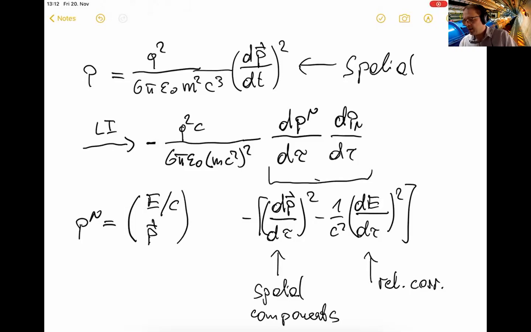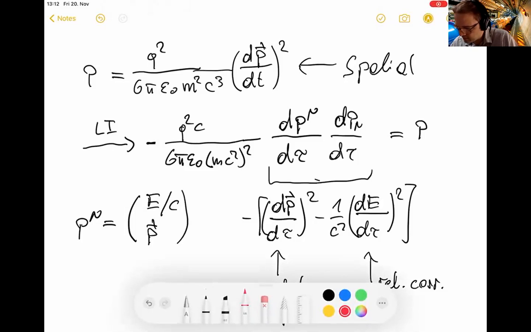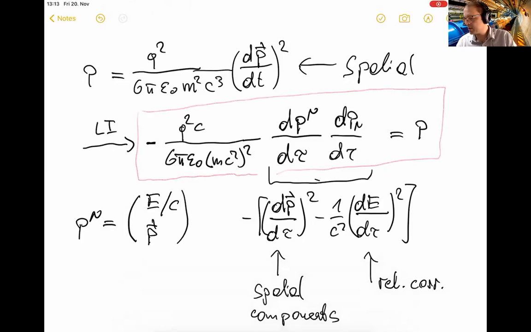If you look at this formula, this is now the power, this is the relativistic form of Larmor's equation, as it is in the slides. If you insert this momentum, you can check that in the non-relativistic limit, the power is recovered as we've calculated it. And because you know that the power does not transform under Lorentz transformation, which I've shown to you before, we know that this is the correct form.